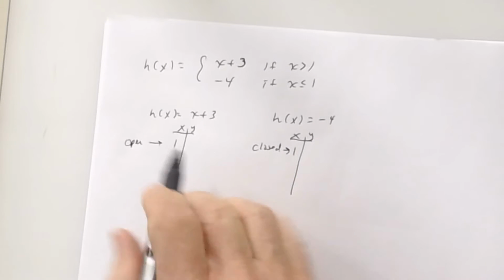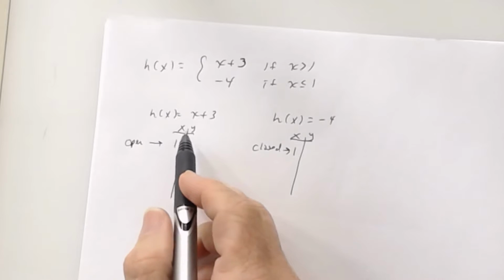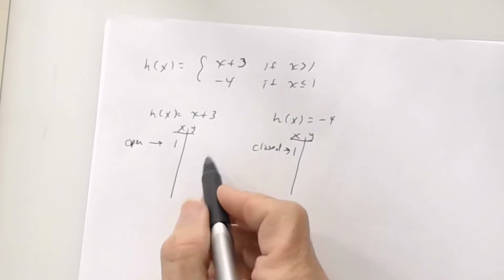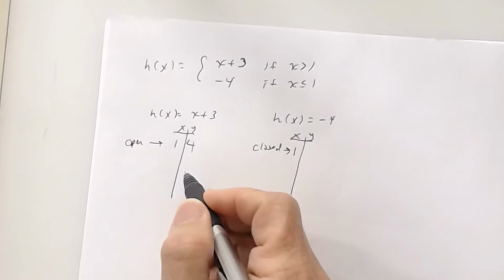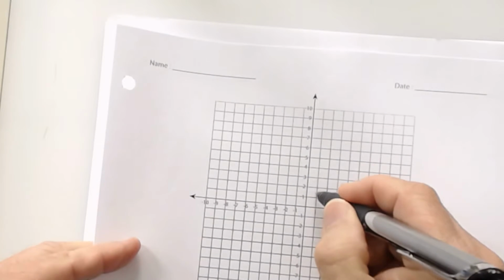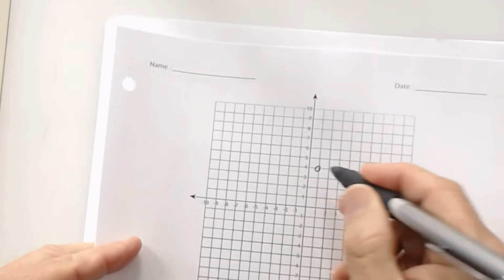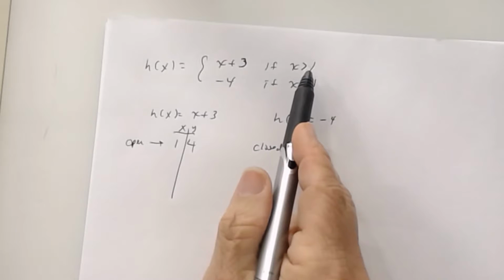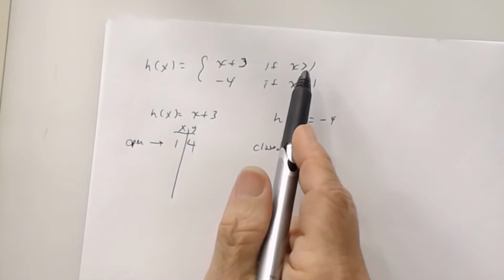All right, so let's substitute the value 1. If x is 1, what's 1 plus 3? 4. But when I actually plot that point, it's going to be open. So (1, 4) is here, open. And then give me another x value that's in that domain. 3.